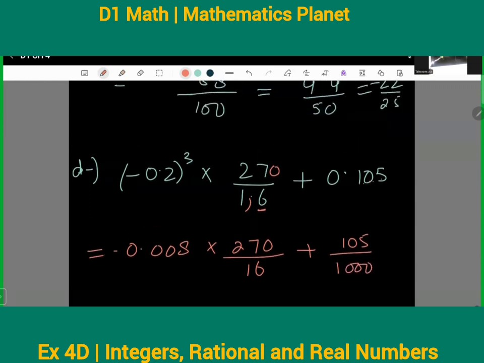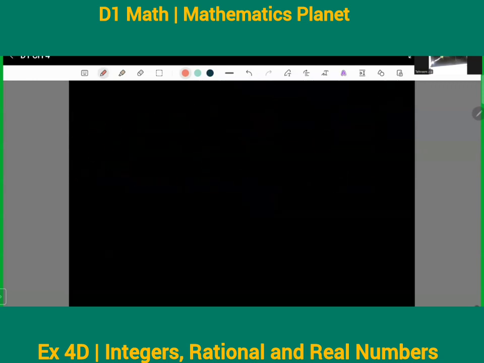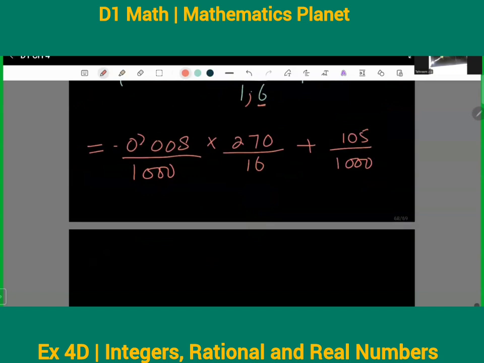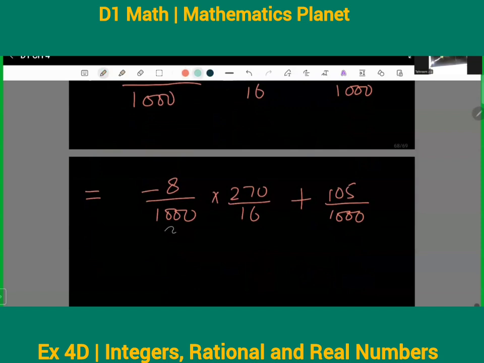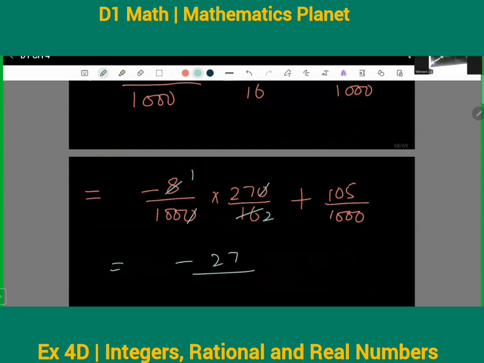And if I finish this decimal, I will get 1 and 3 zeros in the denominator. Now I have removed all of the decimals. So what will I get? Minus 8 by 1000 multiplied by 270 by 16 plus 105 by 1000. We need to do the multiplication first following the BODMAS rule.